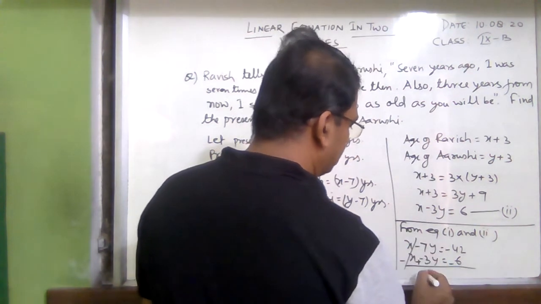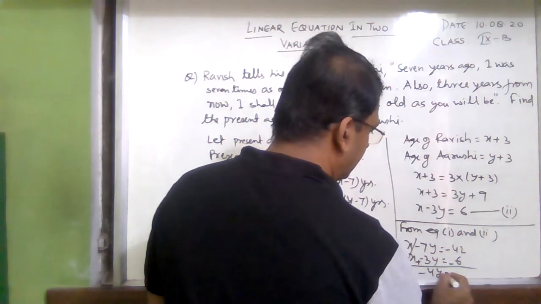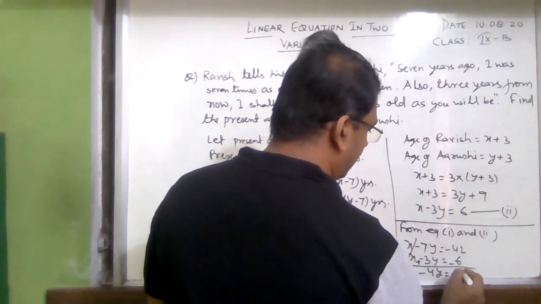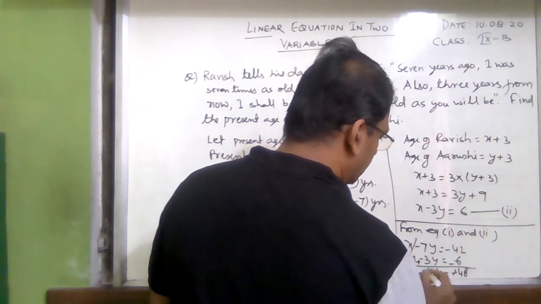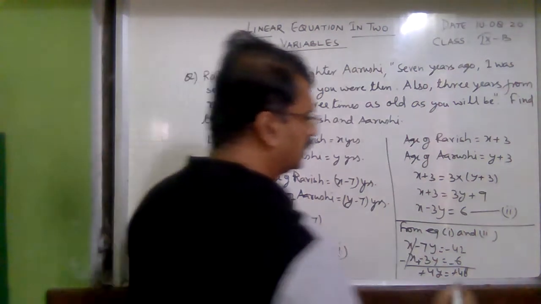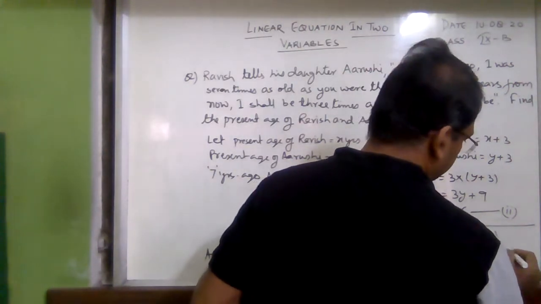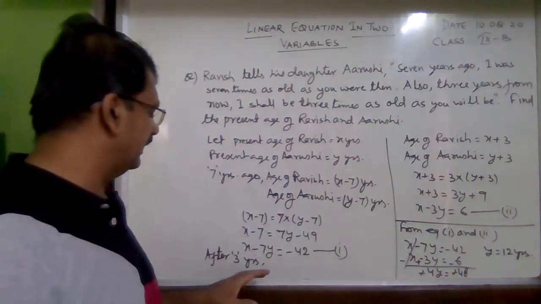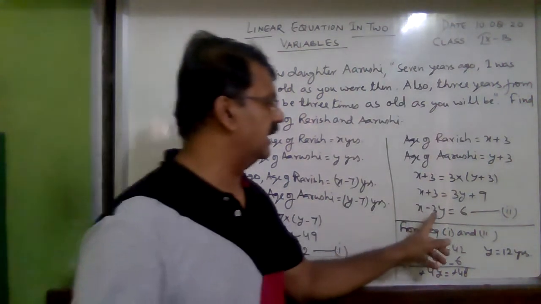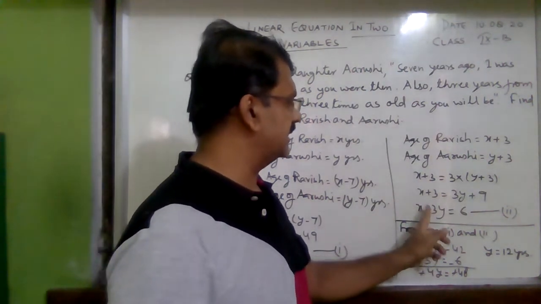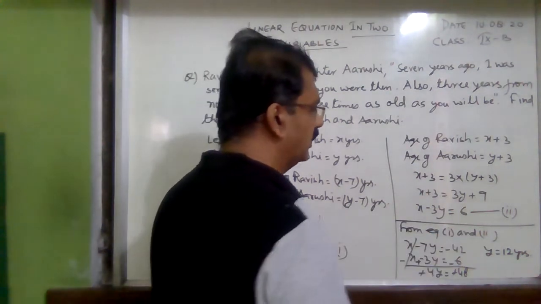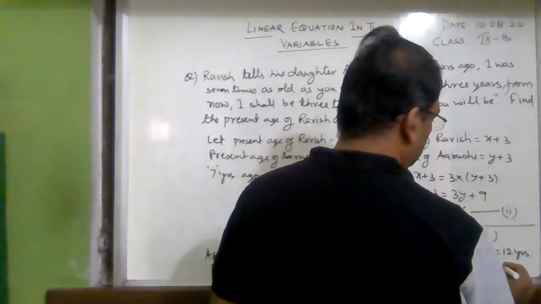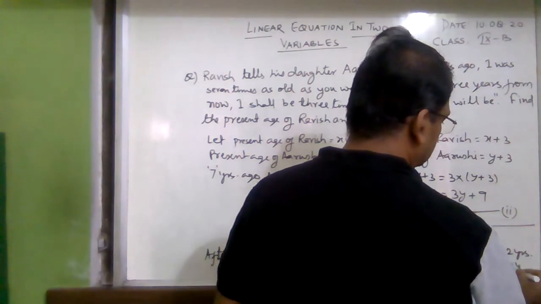Minus 7y plus 3y is minus 4y, is equal to minus 42 minus 6, which is minus 48. So you can see y is equal to 12 years. And if you put y is equal to 12 here, then 3 times 12 is 36, and 36 plus 6 will be 42. So x will be equal to 42 years.